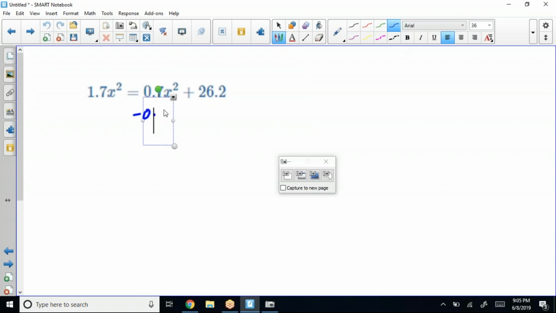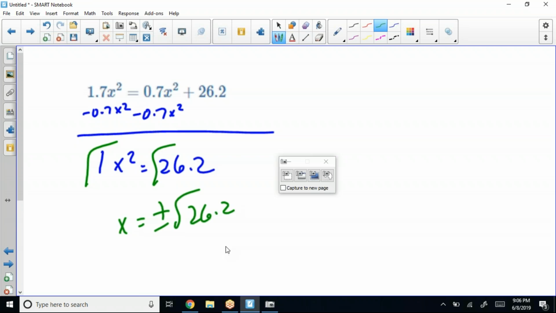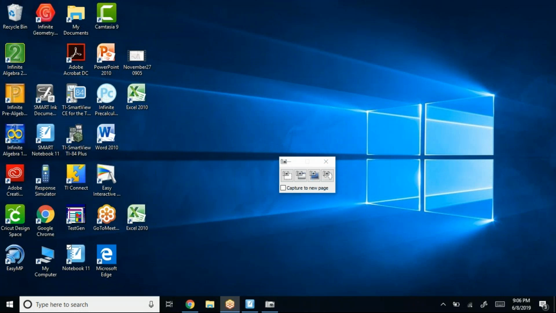You can minus 0.7x squared from both sides, which leaves me 1x squared equal to 26.2, right? And then you can take the square root of both sides, so x is equal to plus or minus the square root of 26.2, which is approximately 5 point something, 5.1 or 5.08 maybe. Let me get my calculator.